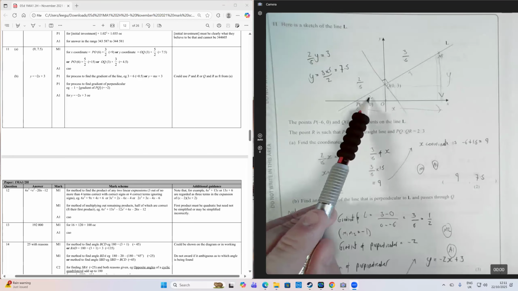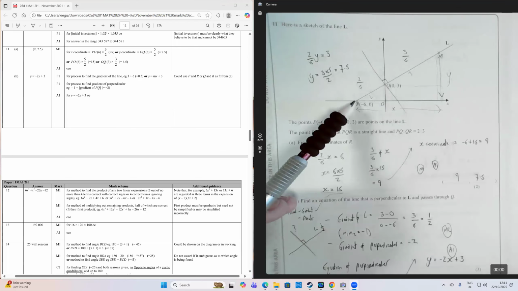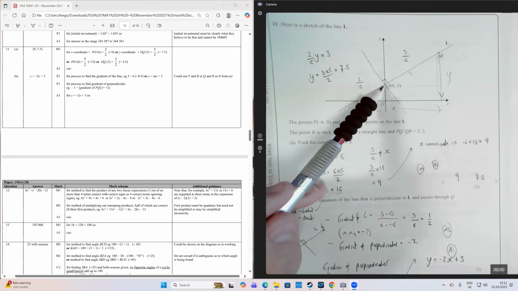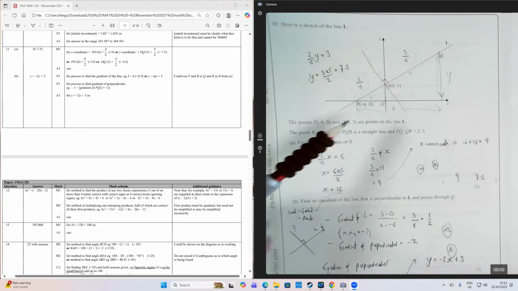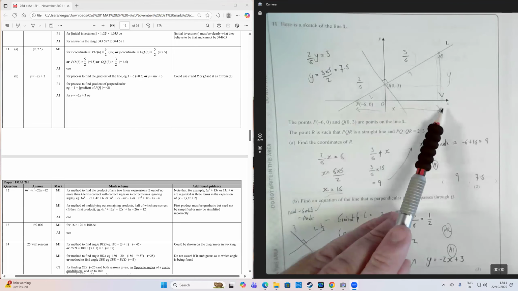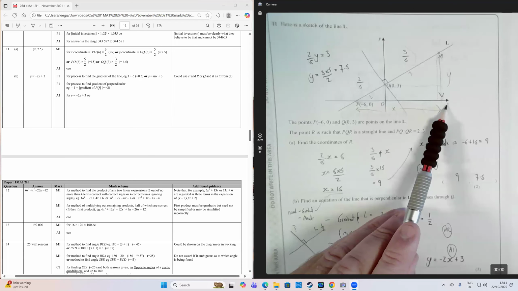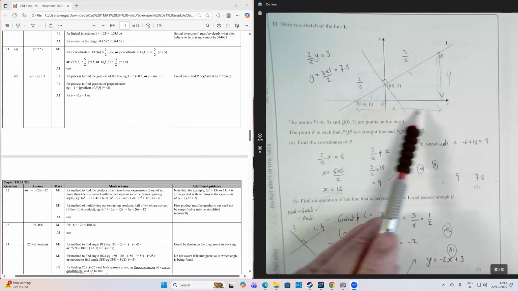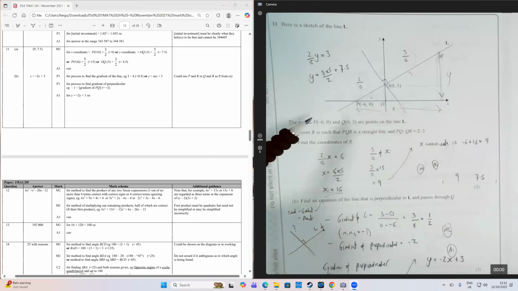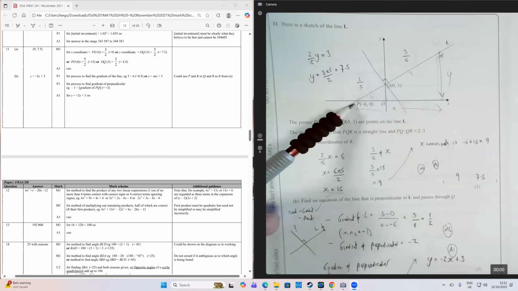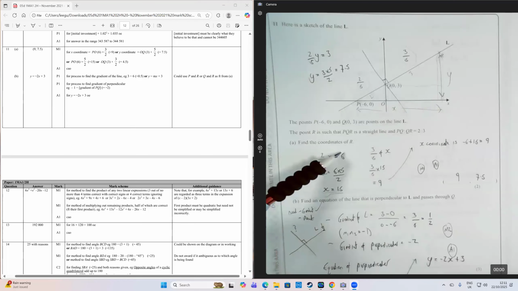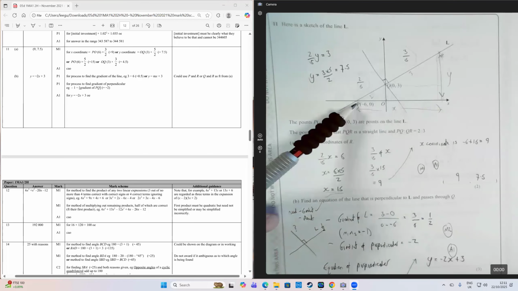If this is in the ratio 2 to 3, then to go from P to Q is 2/5 of the length of that line, and to go from Q to R is 3/5 of the length of that line. Let's call the whole length of the line from P to R in the x direction X. What we know is that 2/5 of whatever X is must equal 6, because we go from 0 to 6 in the x.